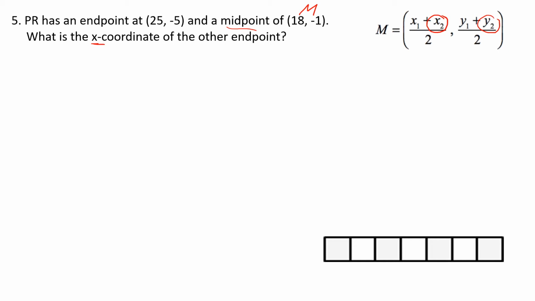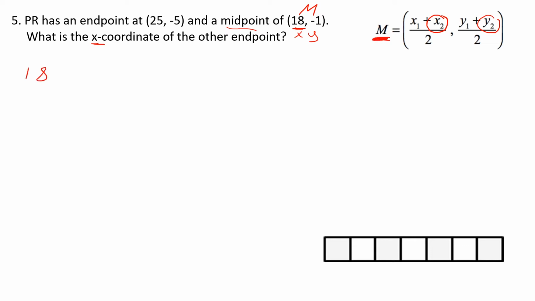And so what I could do, I could set up an equation. Midpoint equals x1 plus the variable x, divided by 2. So my midpoint is 18. So I'm going to take the x value from my midpoint, because remember, every ordered pair has an x and a y. So the x value for my midpoint is 18. So I'm going to plug it in for m.